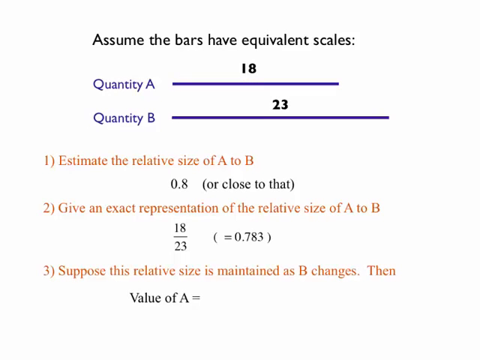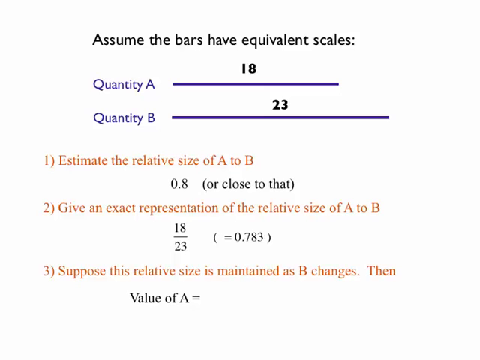Okay, suppose this relative size is maintained as quantity B changes. How could you get the value of A for any given value of B? How could you get the value of A for any given value of B? 0.783 times the value of B. That's what she wants.